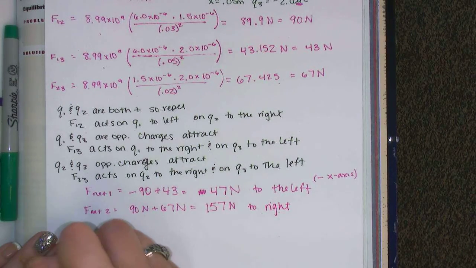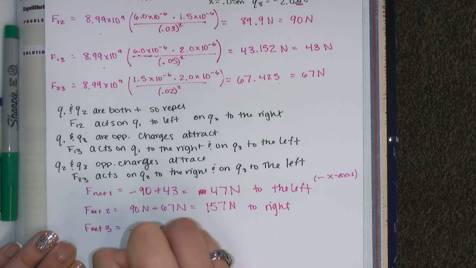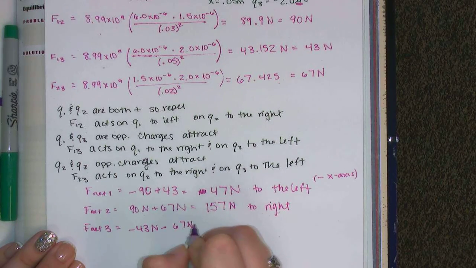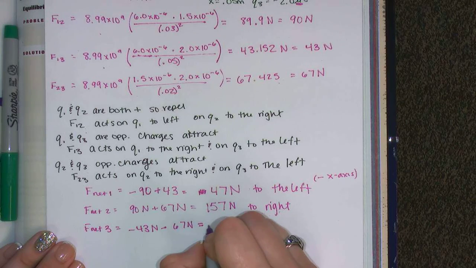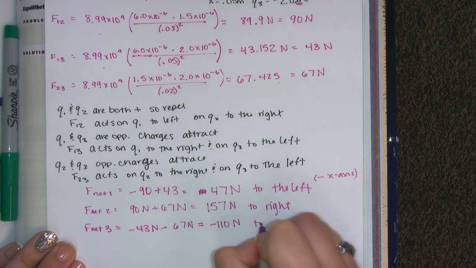And lastly, FNet 3 is negative 43 newtons minus 67 newtons, which is equal to negative 110 newtons to the left.